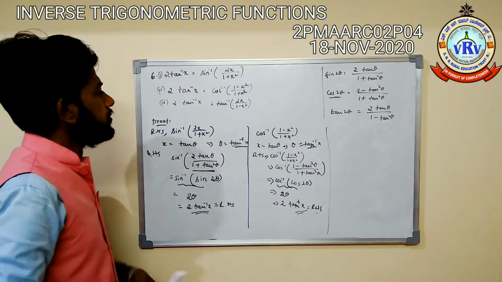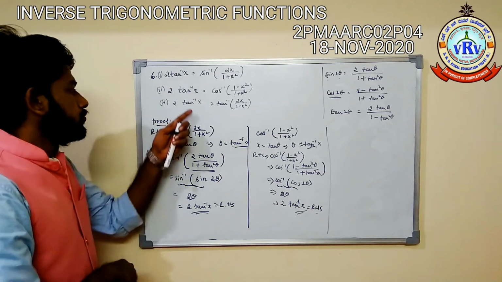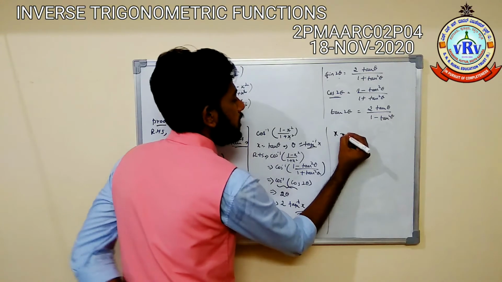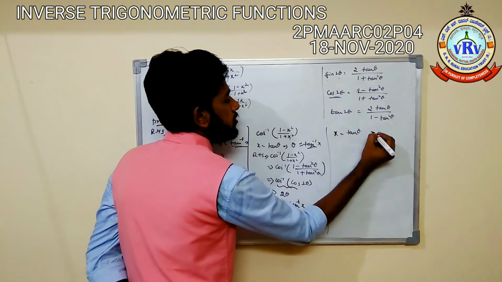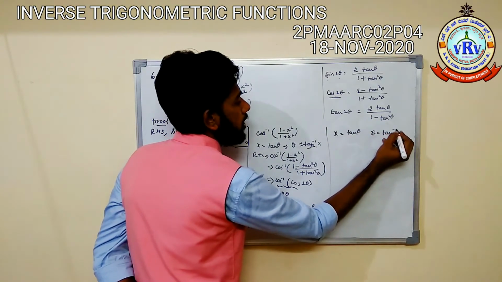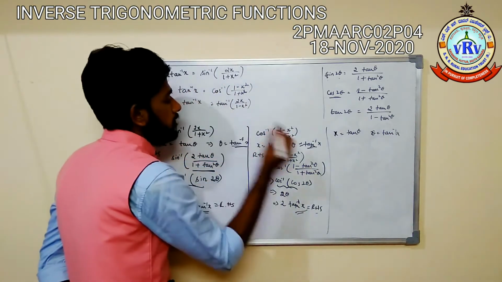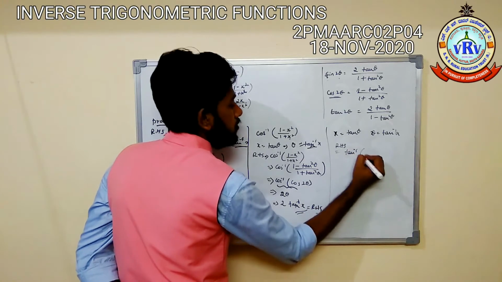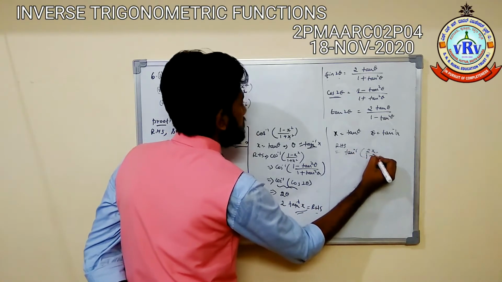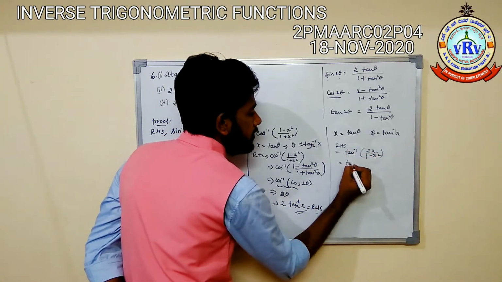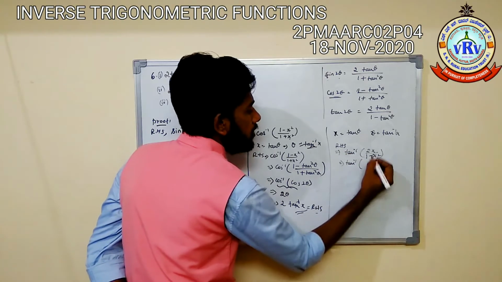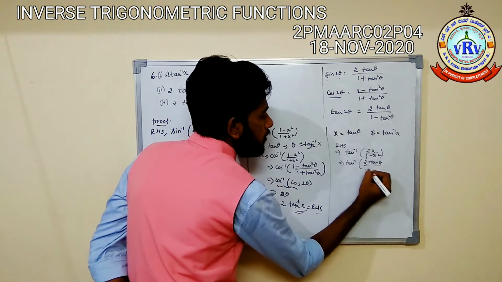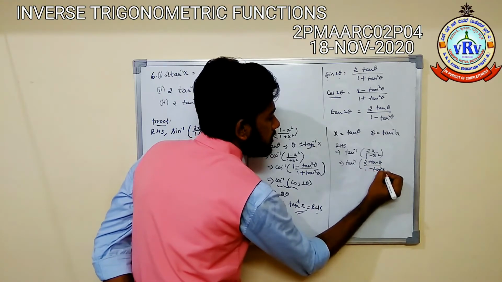Clear? So the same method for this also. Put x as tan theta. So theta is equal to tan inverse of x. Next, take the RHS, tan inverse of 2x divided by 1 minus x square. So I replace x as tan theta: 2 into tan theta divided by 1 minus tan square theta.